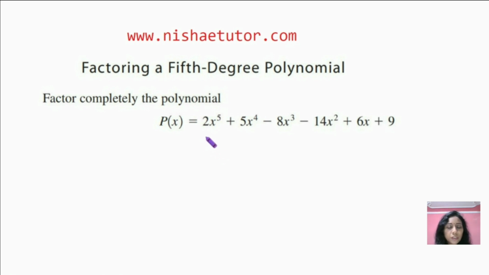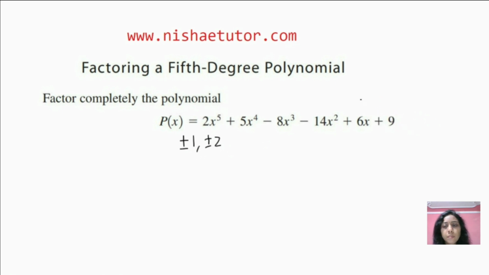Okay. So first we have to find out possible zeros, and we will use the rational zeros theorem. For that, the leading coefficient is 2, and the constant term is 9. So we can factor 2: possibilities are plus minus 1 and plus minus 2.